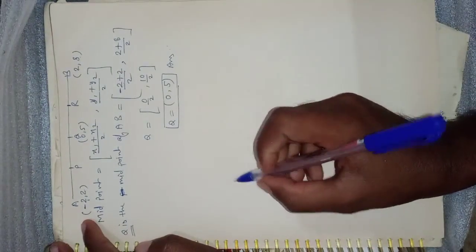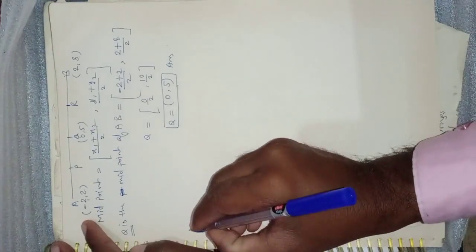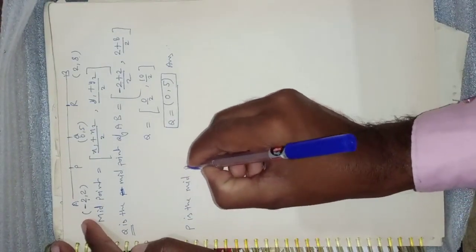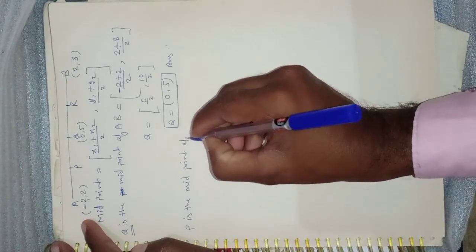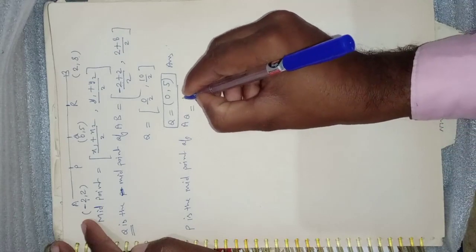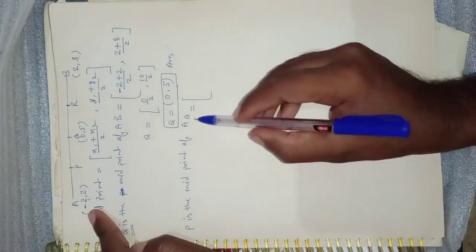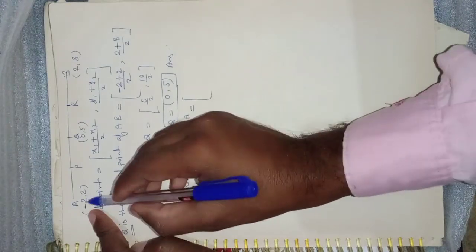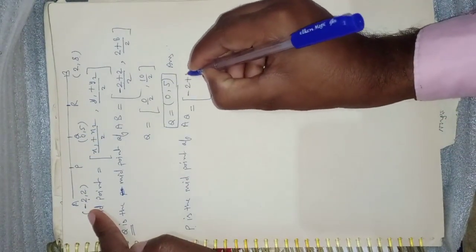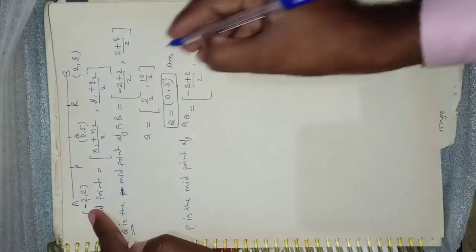Next, P is the midpoint of AQ. First find the P coordinate, the midpoint of AQ: minus 2 plus 0 upon 2 comma 2 plus 5 upon 2.